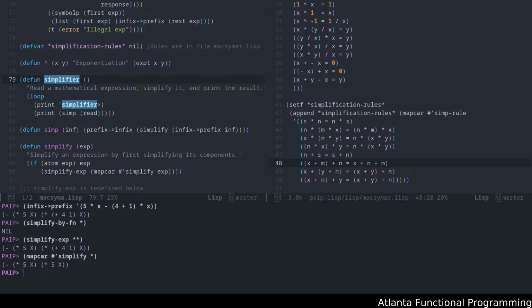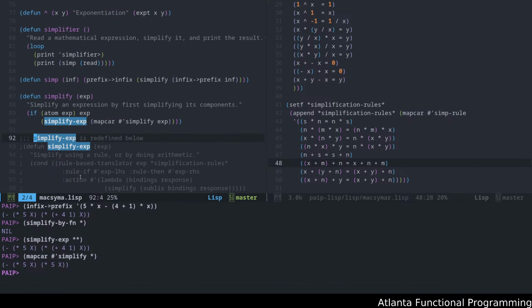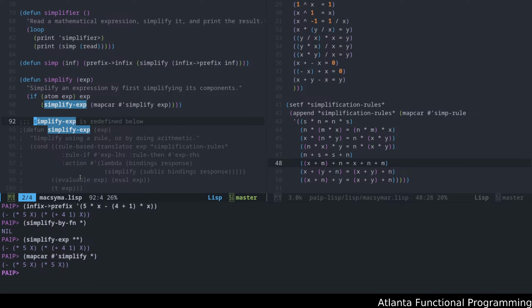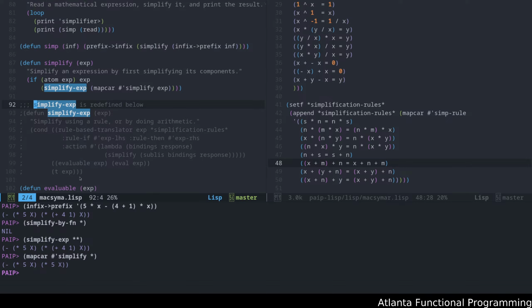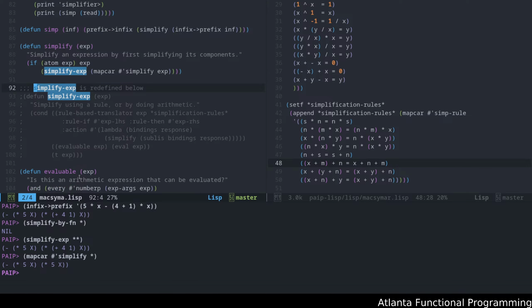Right. So at this point, we should be able to go into simplify expression and make our judgment so that we can fix the evaluation.